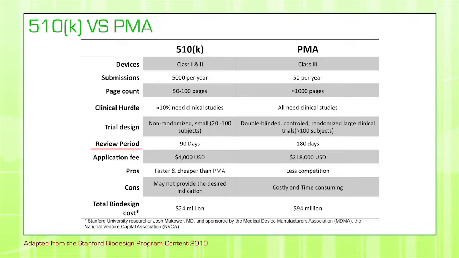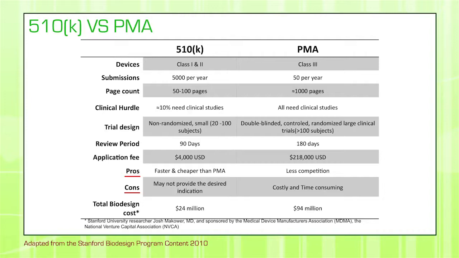The review period for a 510K is 90 days, while for a PMA it is double, and the application fee for a PMA exceeds that of a 510K on a large scale. In this sense, a PMA can cost you up to $218,000 per application.